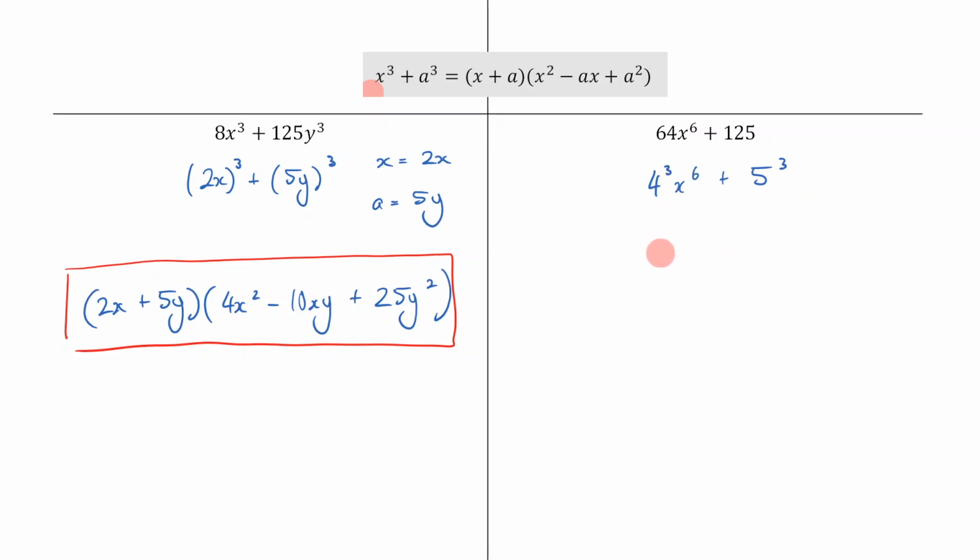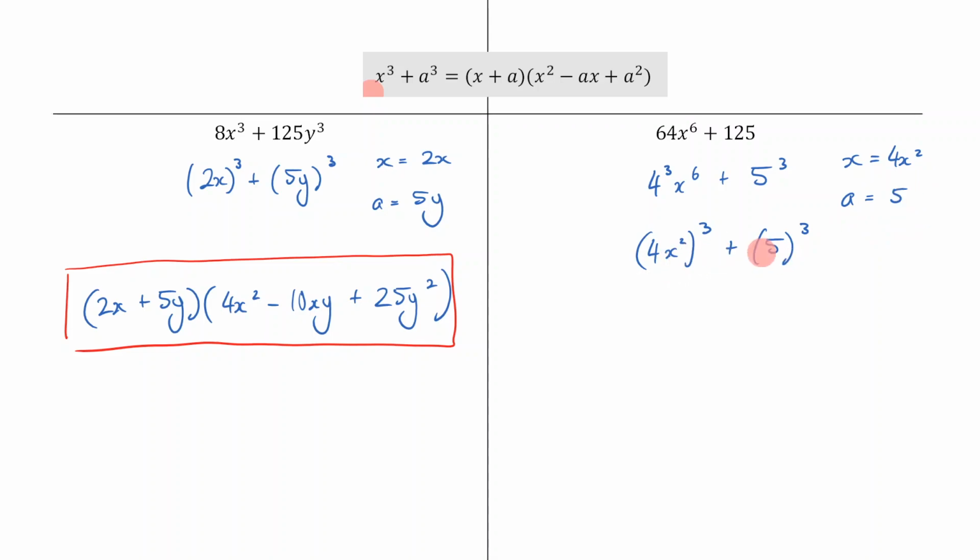I could write this as 4x squared raised to the 3. Because if I was to distribute this out, it would be 4 to the 3, then x squared. So this is 5 to the 3. So that means x is going to be equal to 4x squared, and a is equal to 5.